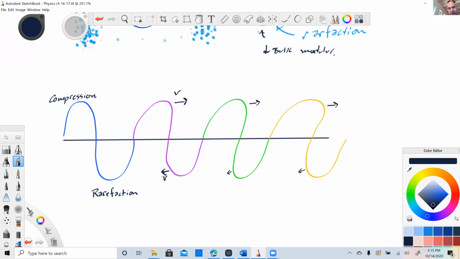And so in the purple part of the cycle here, it's starting to occur. In the green, it's even more. And on the yellow, it's even more, or at least the distortion is more. The distortion of the wave increases the farther we go in.